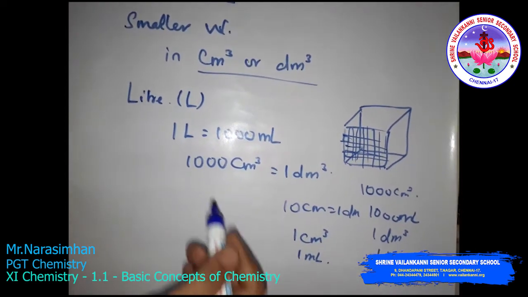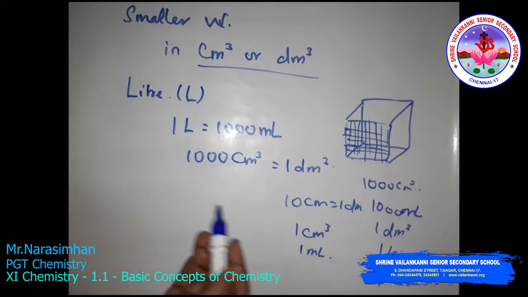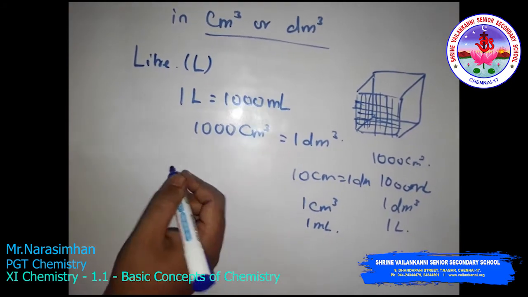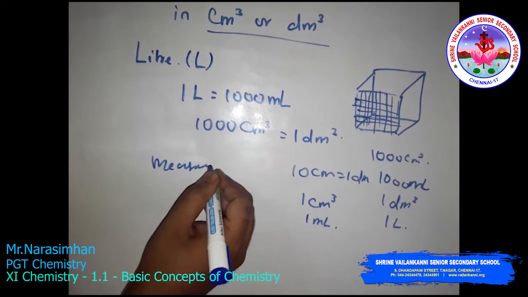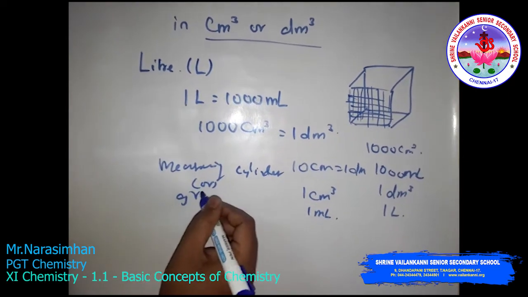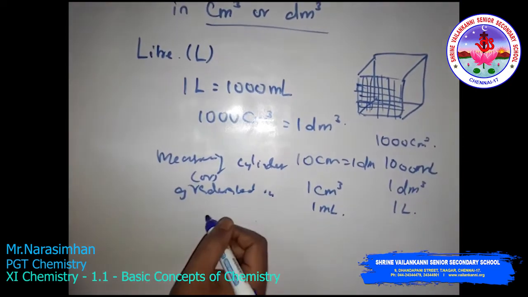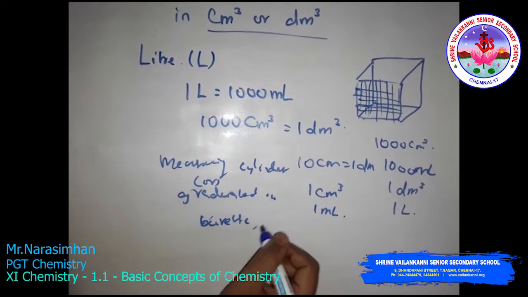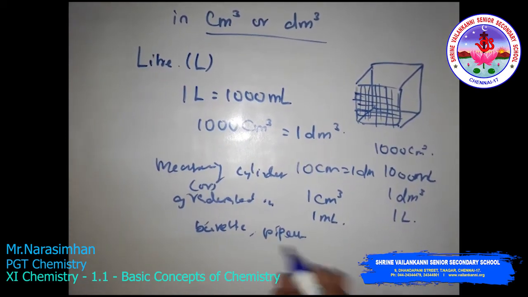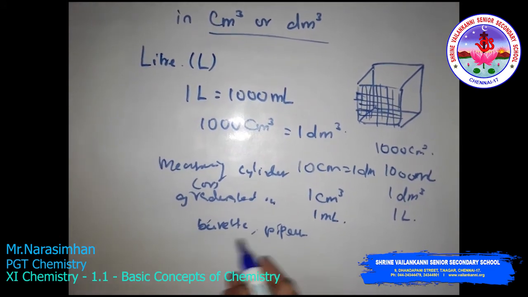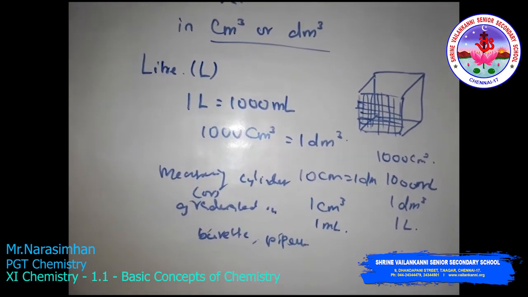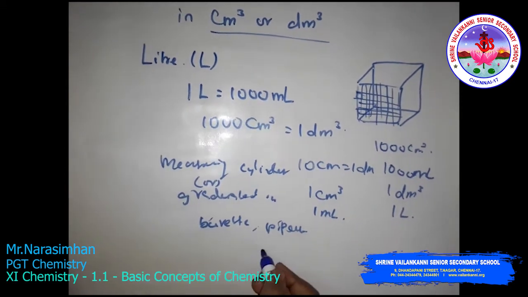Now the laboratory volumes of liquids or solutions can be measured by a graduated cylinder, also called a measuring cylinder, or a burette, pipette, etc. Then the standard flask, like this, a round bottom flask, the volumetric flask, is used for the preparation of a known volume of solution.